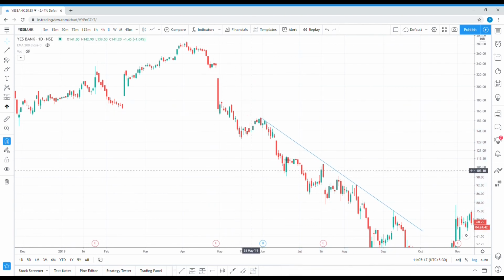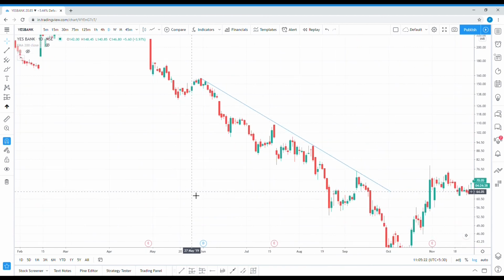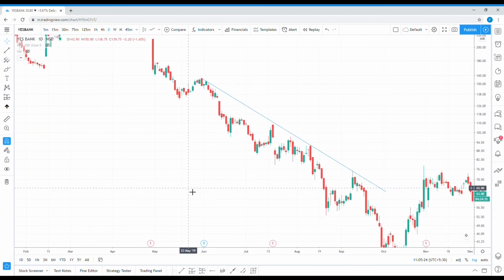Yeah, so this is a downtrend. As you can see, it started falling, then it took support here, and then again it fell, then again it took support here, and again it fell, then again took support somewhere around here, then again support. So we had many entries, like one over here, one over here, one over here, one over here.